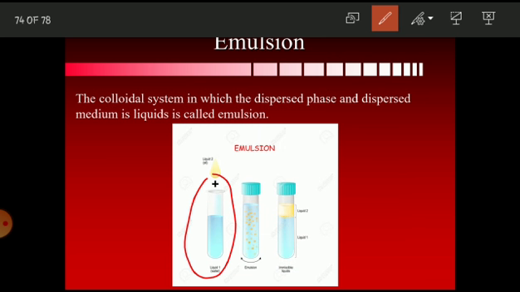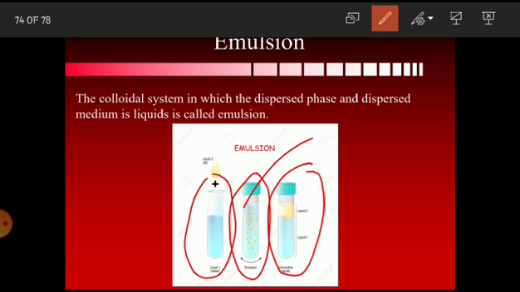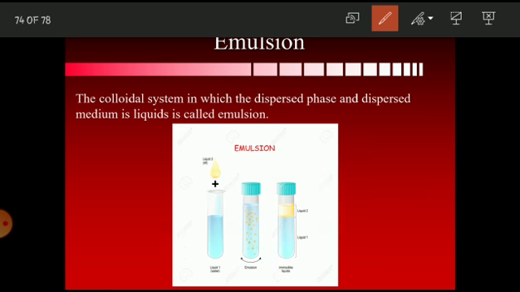Into that water I am adding another liquid, and therefore you will get the emulsion, a colloidal system where the dispersed phase and the dispersion medium both are liquids. After shaking, the test tube will show two different layers, one is the oil layer and another is the water layer. Oil and water are immiscible with each other, and therefore we can say immiscible liquids. So emulsion is what?